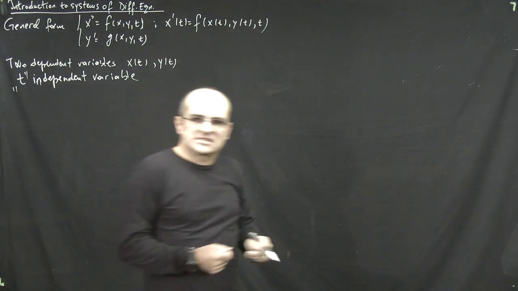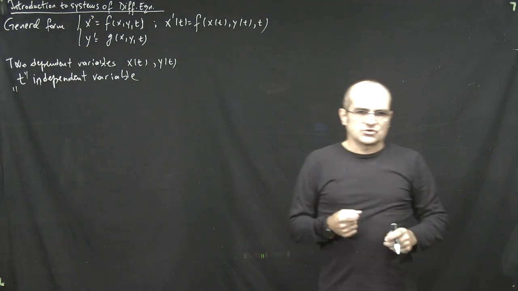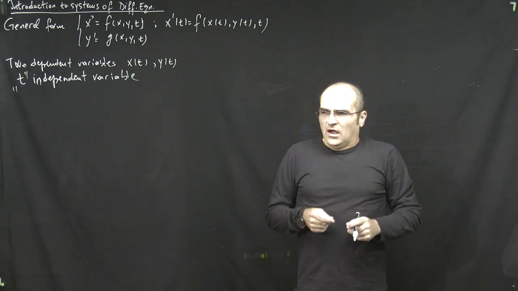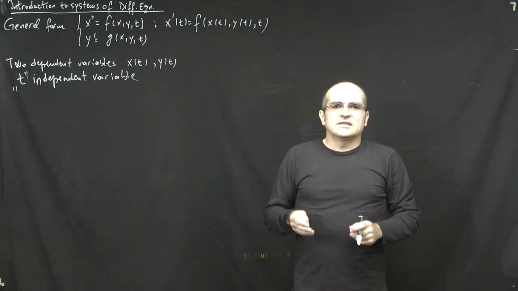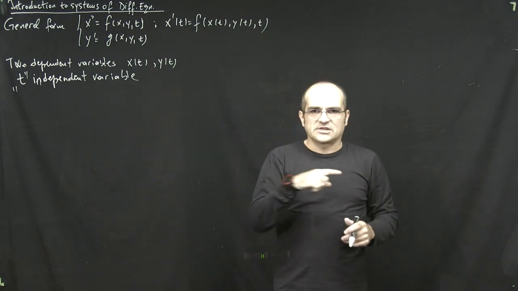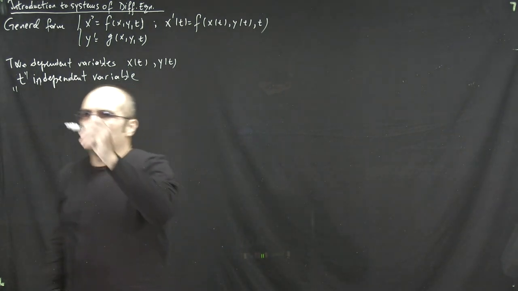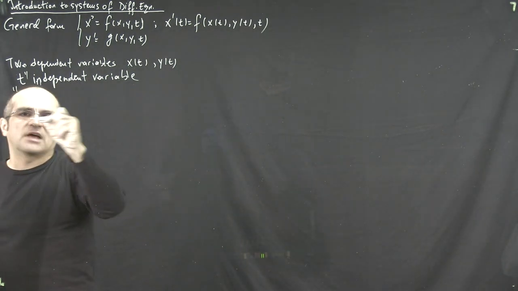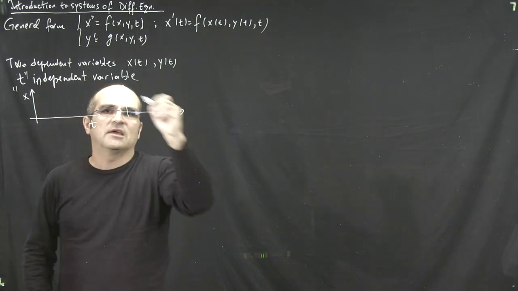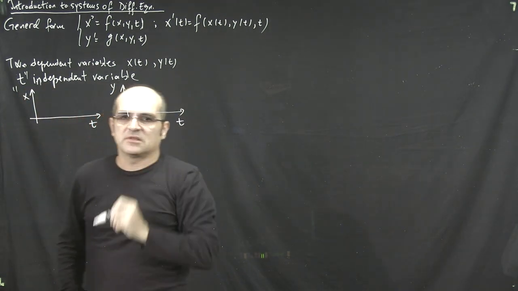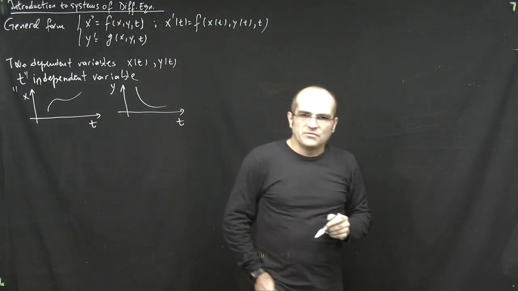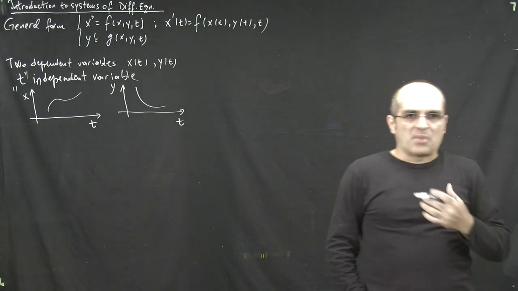So the first thing to discuss is how do we actually sketch solutions of differential systems. You may think that the only way to do it is just like for single ODEs, for instance, to plot x with respect to the time t. And you could do that, and you should do that if you actually need to track both the values of the dependent variable and the time value, then you have to basically work with two graphs in parallel, right?